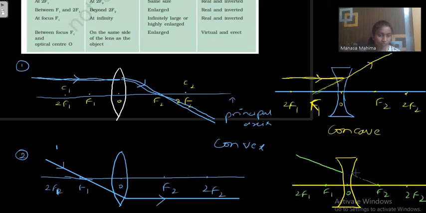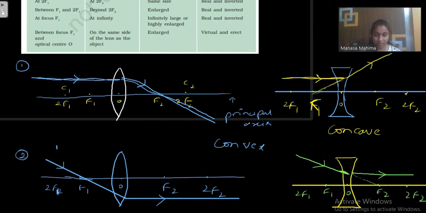After refraction, how will it be? It will move in this direction, parallel to the principal axis. These are the two cases that we will see in convex and concave.